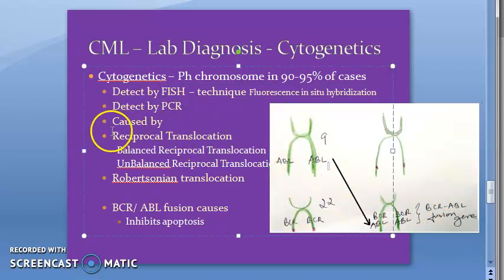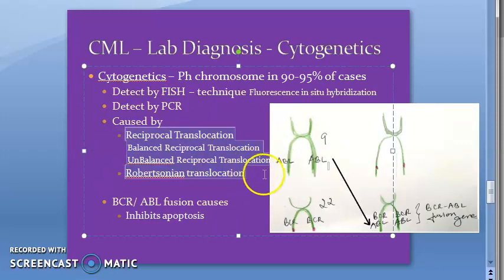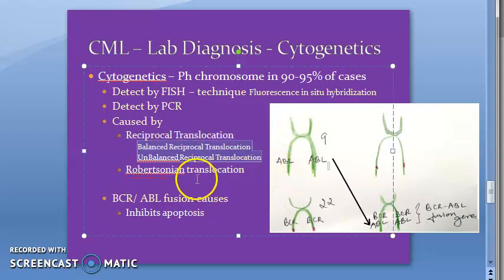So how is this caused? Why is this caused, this Philadelphia chromosome? Either because of reciprocal translocation, which can be either balanced reciprocal translocation or unbalanced reciprocal translocation or Robertsonian translocation. Because of all these, this Philadelphia chromosome can come, okay. What actually is shown here, I think, is the balanced reciprocal translocation, okay. So what happens?